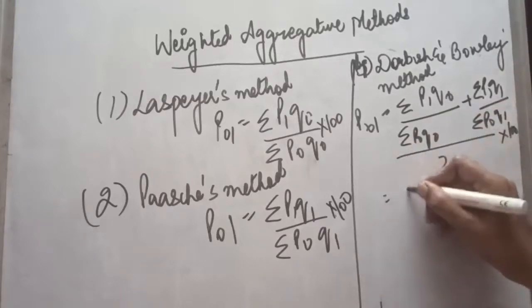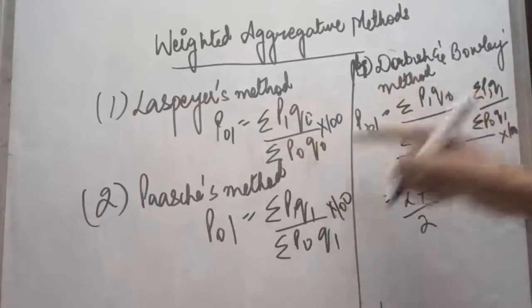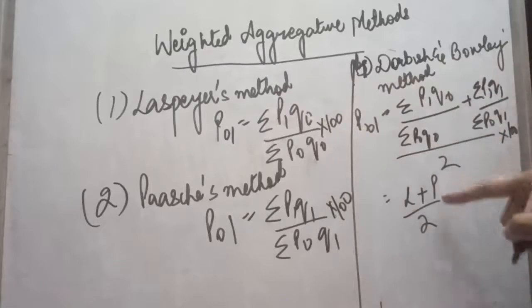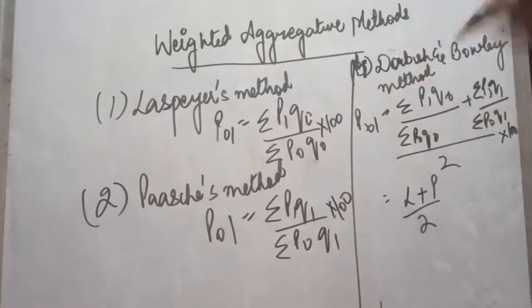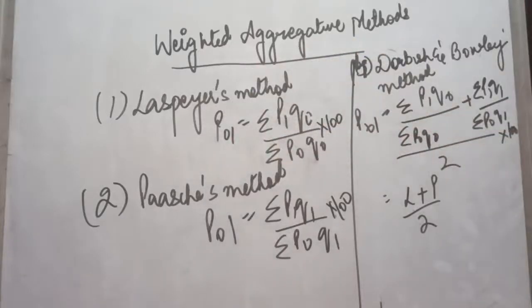So we can say here we have taken this is Laspeyres' formula, this is Paasche's formula, and the whole has been divided by 2 and 100 has been multiplied. So this is our fourth formula. All the formulas you will see, the majority of them have been derived from these two formulas. So the fourth formula was Drobisch and Bowley. Let us see the next formula.